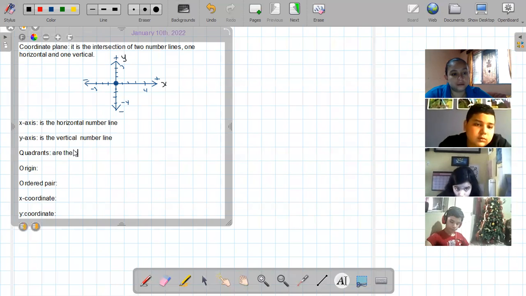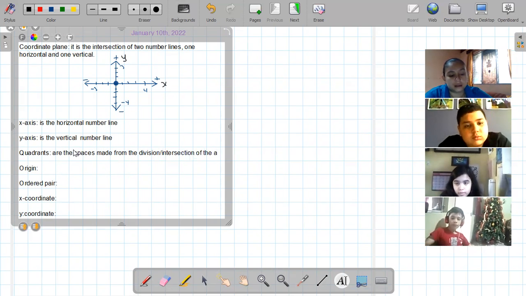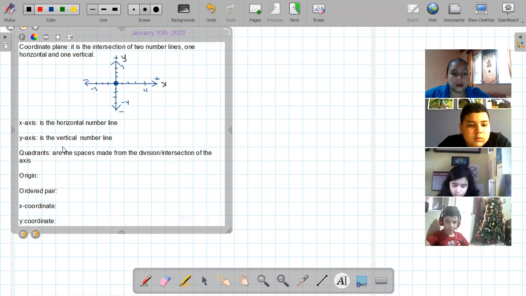Quadrants are the spaces made from the division or intersection of the axes, okay?